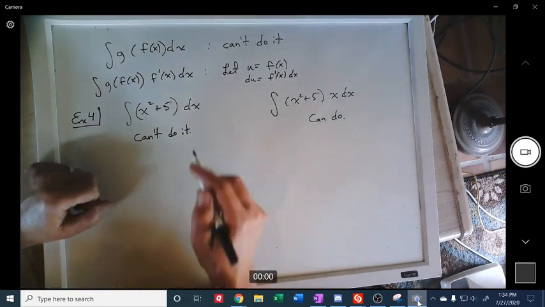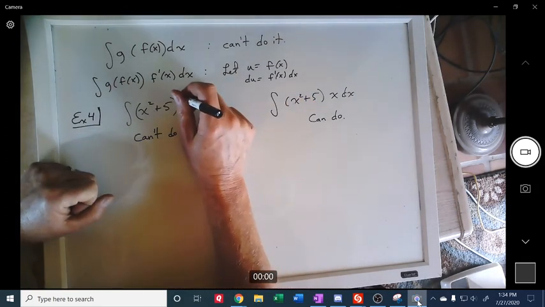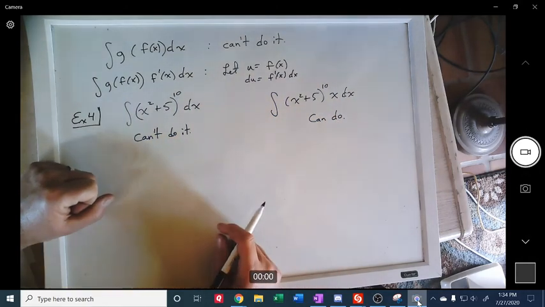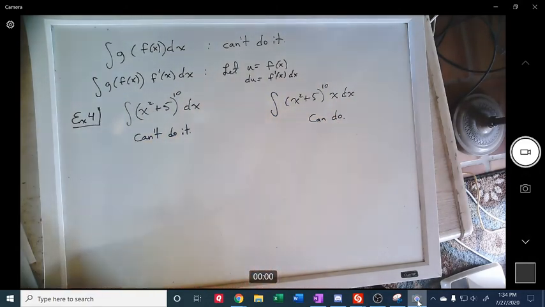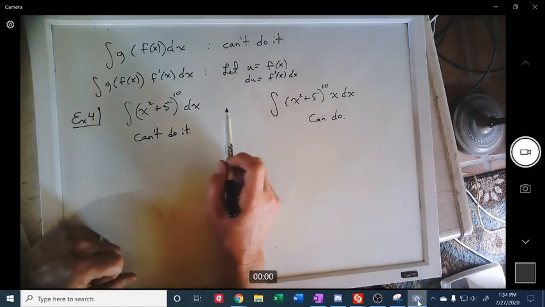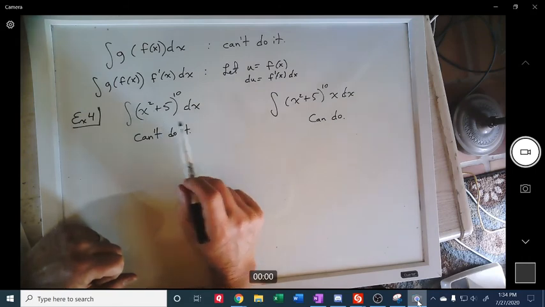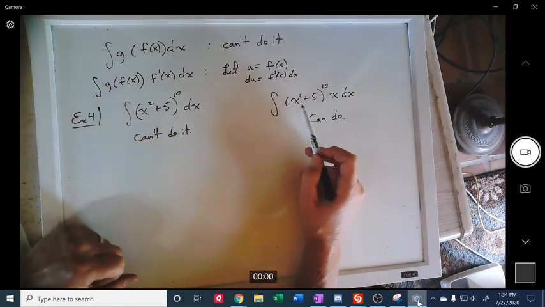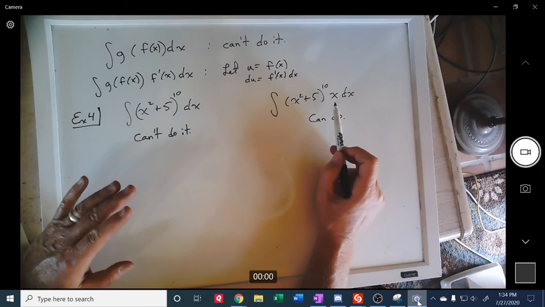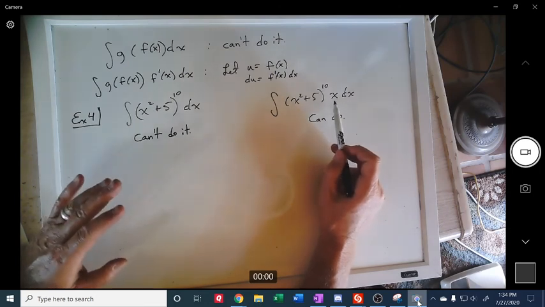Well, hold it. I'd have to have a power on this. Otherwise I could do it. This one, here's my f, here's my f prime. Now the f prime is off by a constant, and that's all you're allowed to be off by, a multiplicative constant.